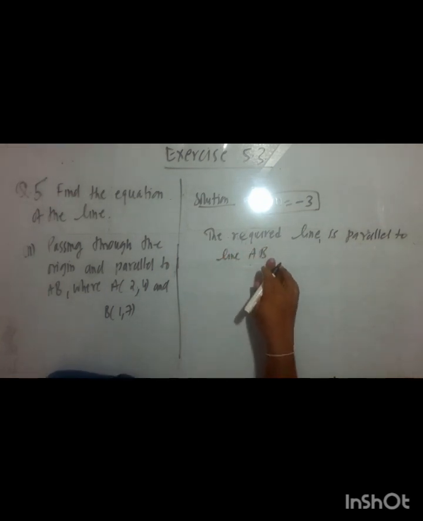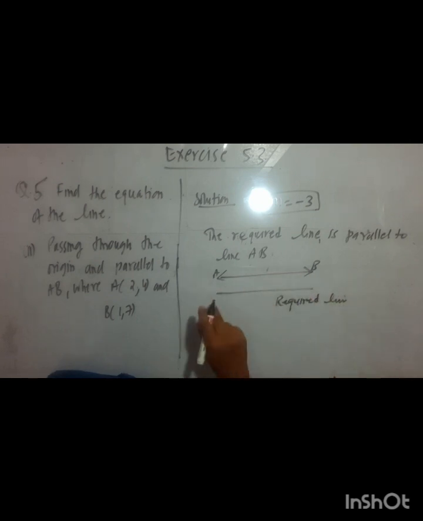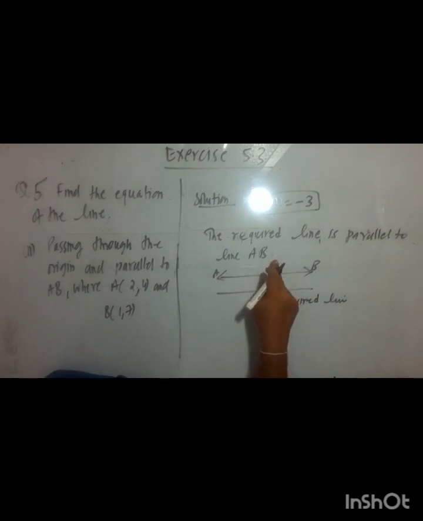So you know that if suppose this is your required line and this is line AB, if the two lines are parallel to each other, their slope is equal. So the slope of line AB will be the slope of our required line.